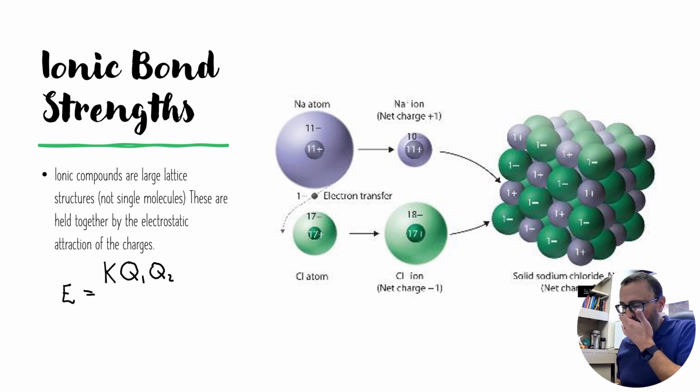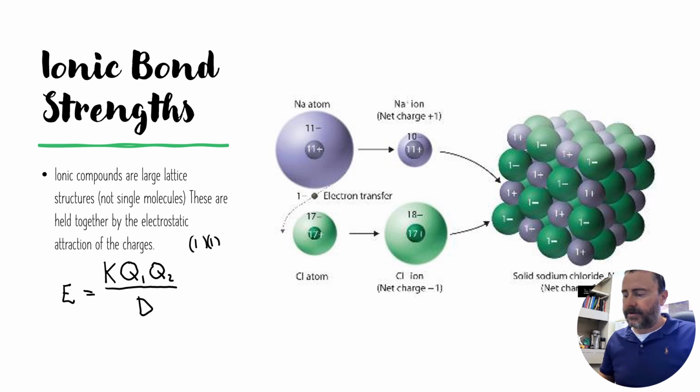Then there are 2 charges. If I've got a sodium cation and a chloride anion, those charges are 1 and 1; we're going to use the absolute values of those. Then we divide that by the distance between the sodium and the chloride, which is the distance from the nucleus of one of them to the nucleus of the other.